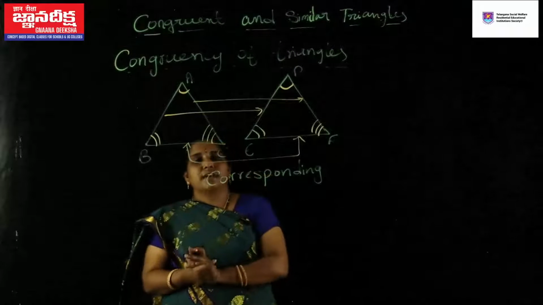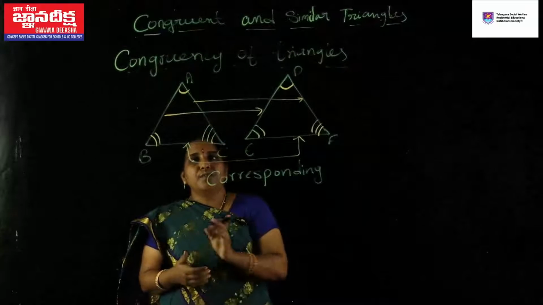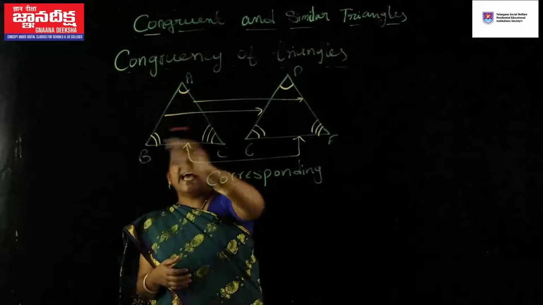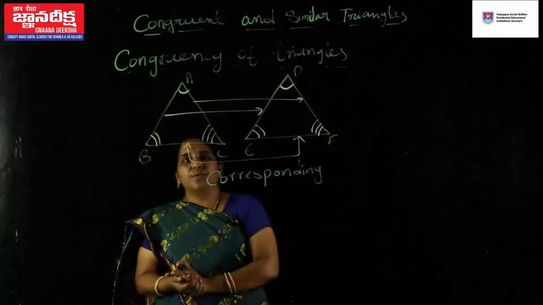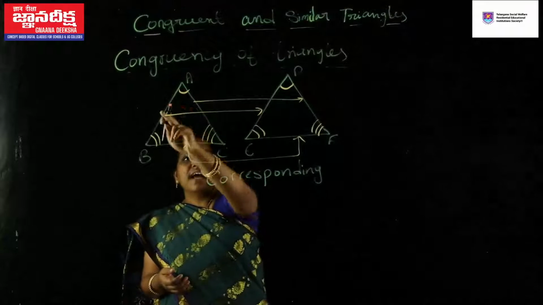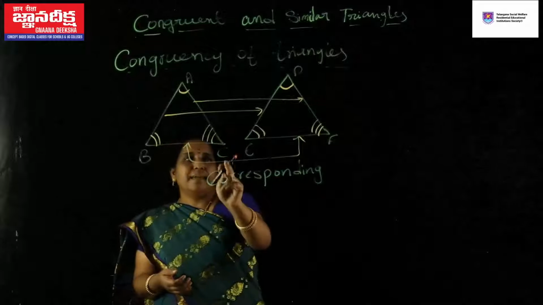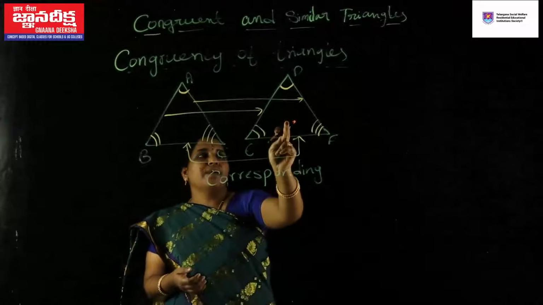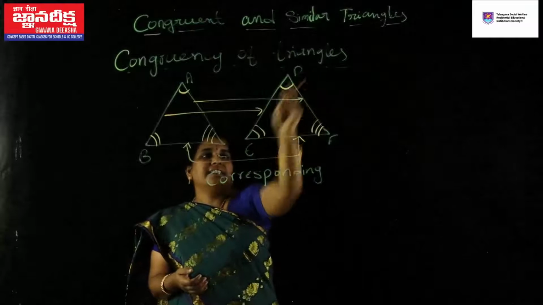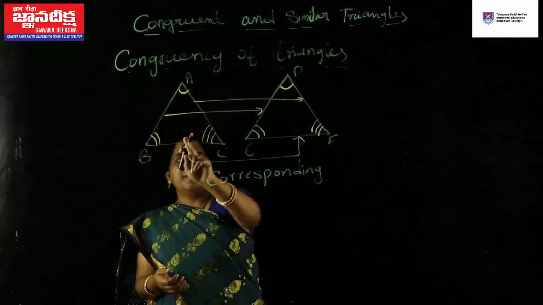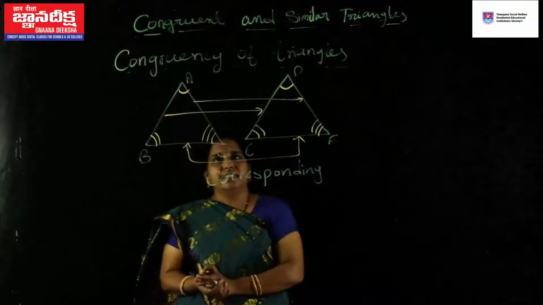So these parts are called corresponding parts. And you all know there are 6 parts in a triangle, 6 elements, 3 angles and 3 sides put together. So if these 3 angles and 3 sides of triangle ABC are congruent to corresponding angles and sides of triangle DEF, then we say triangle ABC is congruent to triangle DEF.